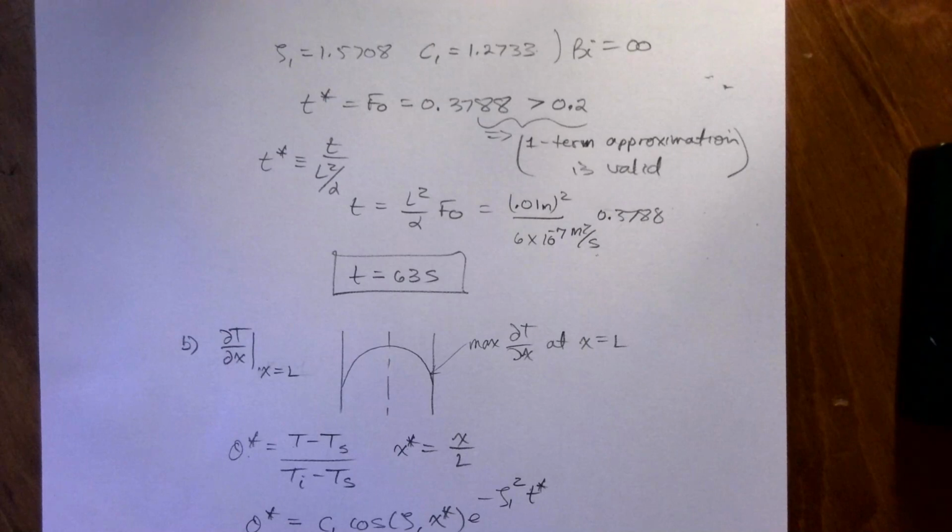Okay, so the discussion to continue now would be to take these concepts and apply them to a radial problem. For that case, the problems look very similar, with the exception that the solution that's given to you for theta star now looks a little bit different.